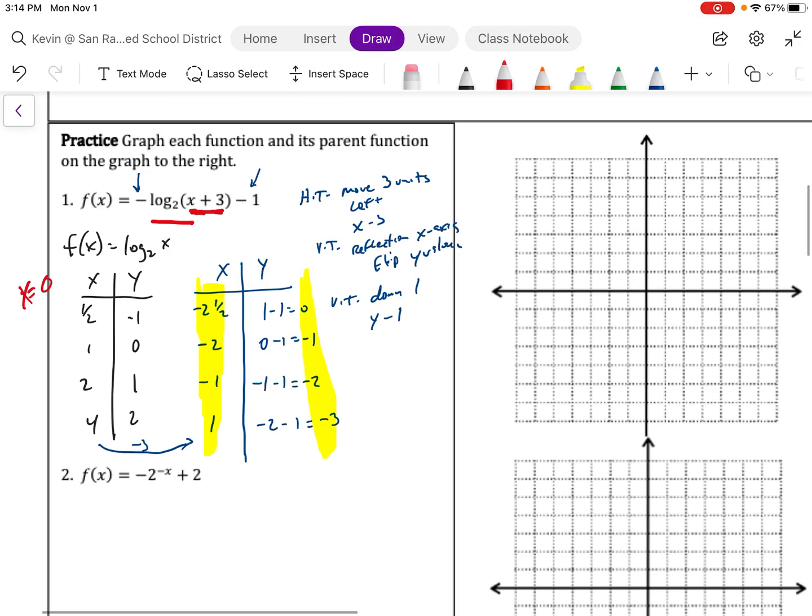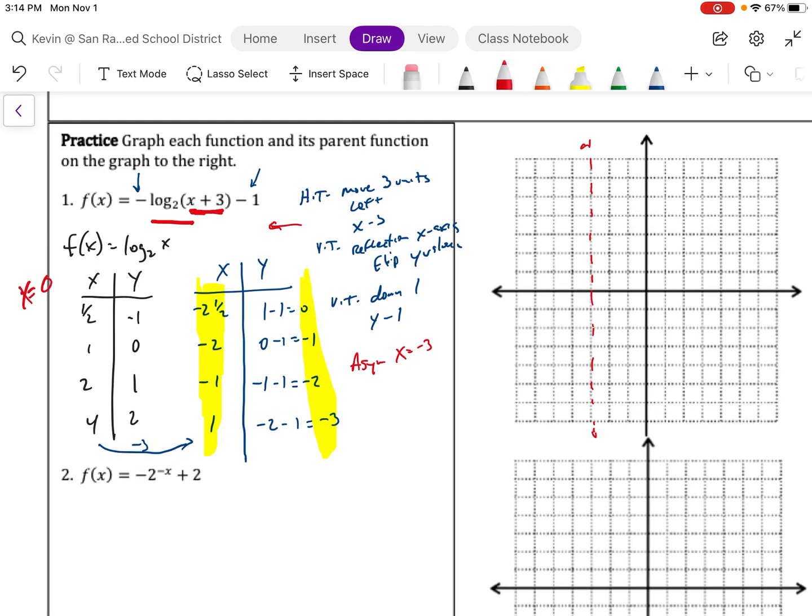So if we're going to shift everything to the left 3 units, our asymptote for this new function is x equals -3. That's good to do. Get your asymptote in there. That kind of helps you as you graph it.